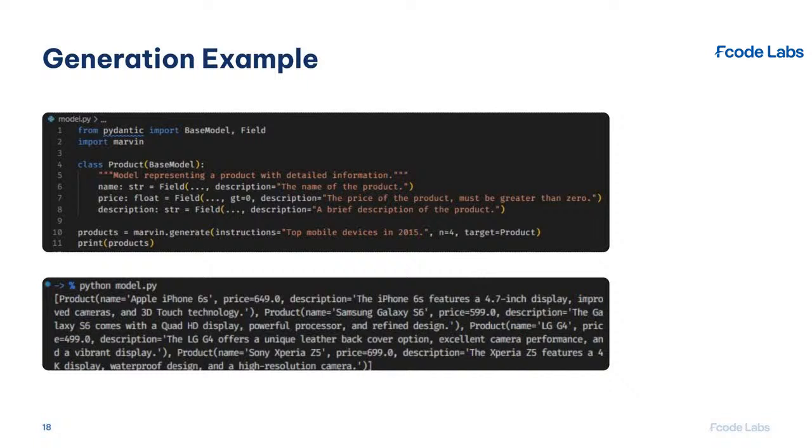And in the Marvin generate function, for the instruction, I send top mobile devices in 2015, and I need 4 of them. When I run that, it will generate 4 products using the LLM. So all those products are Python objects. If you print that, you get this result.